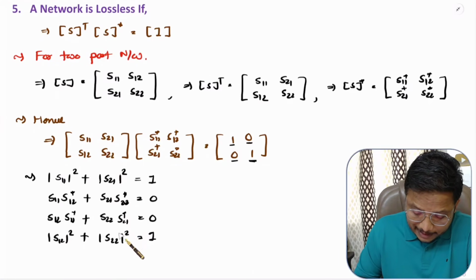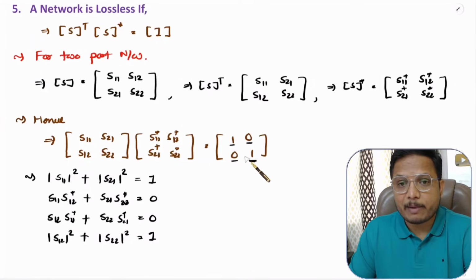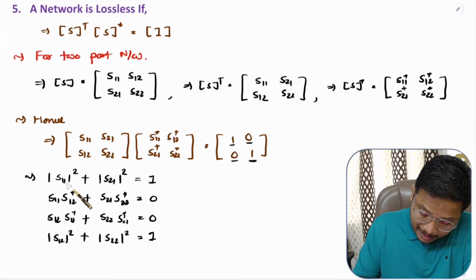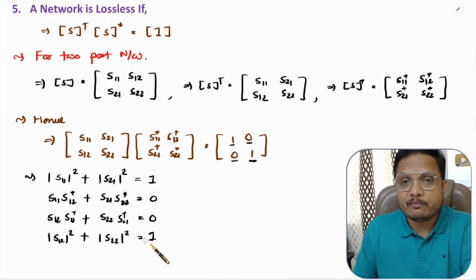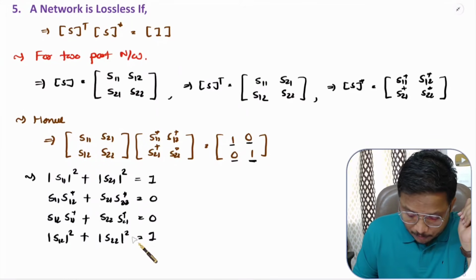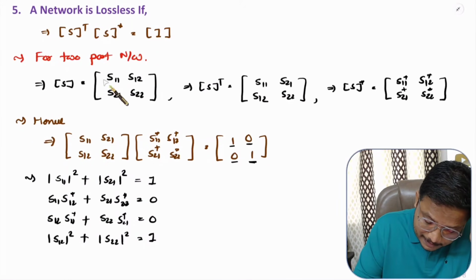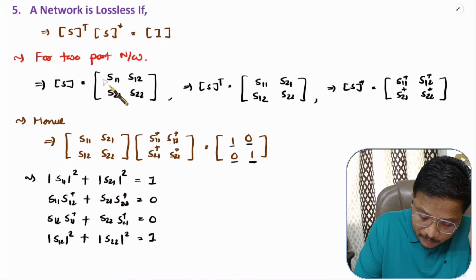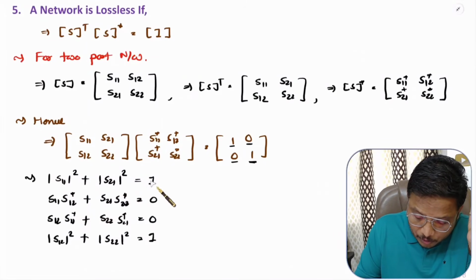That is how one can identify the multiplication of matrices, right? But here, if you want actual values in the form of rows and columns multiplication, then one can simplify this. If you observe this S matrix, then for the first row, S11 square plus S12 square is equal to unity.